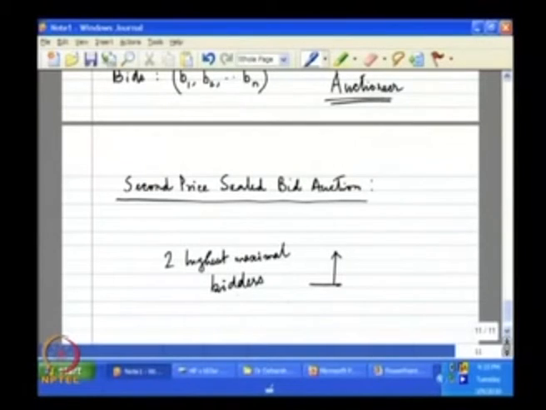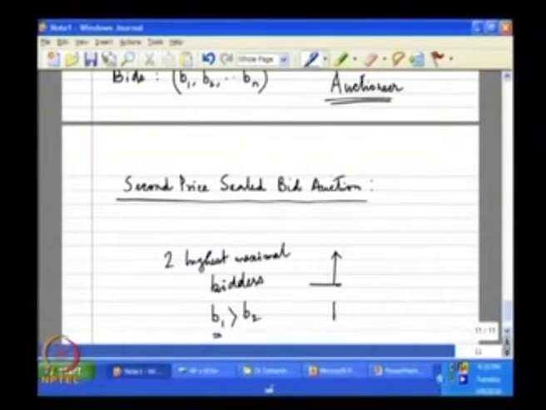Okay. Now, if that is the case, and suppose B1 is greater than B2, that is, player 1, the maximum amount that he is ready to pay is B1 and the maximum bidding that player 2 will do is B2, then what is the optimal bidding for player 1? In this case, observe that player 1 will not optimally bid B1, rather he will bid something like B2 plus epsilon, because if he is bidding more than player 2, he is getting the object.